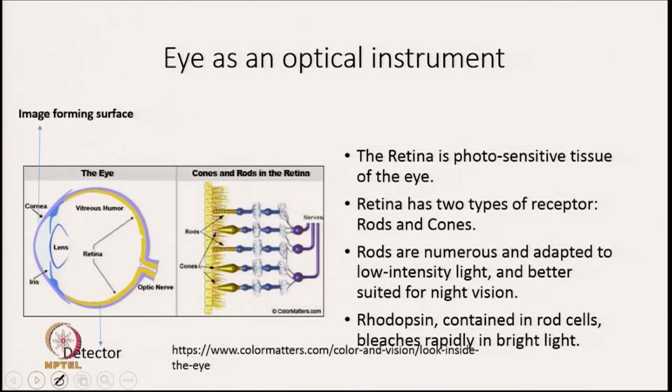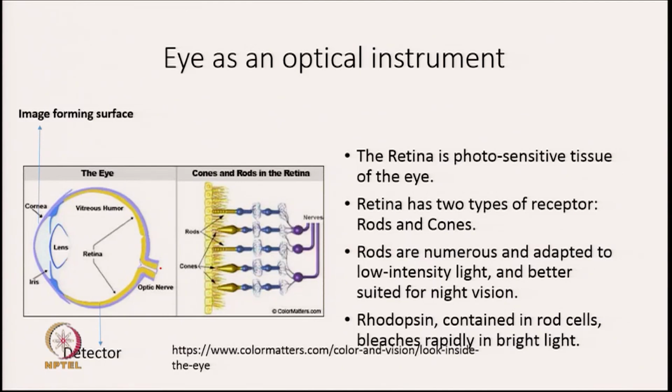Now, the eye has different parts. You have the cornea, you have the iris, a lens, this is the vitreous humor and there is a retina, and this is your optical nerve. These are a few parts of our eye.